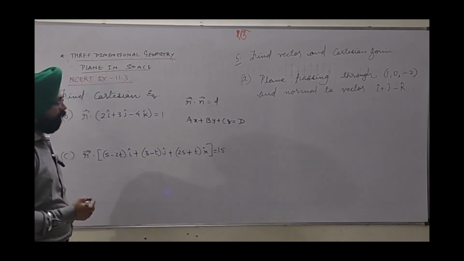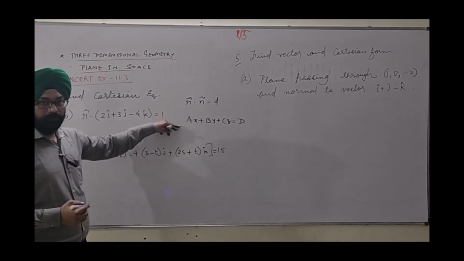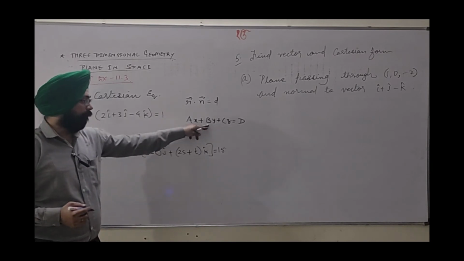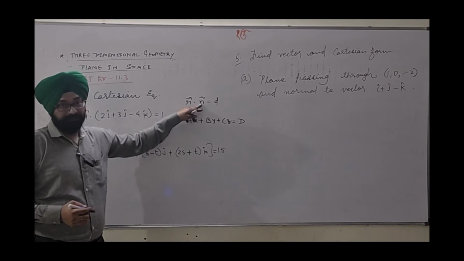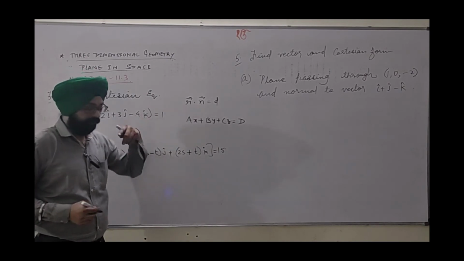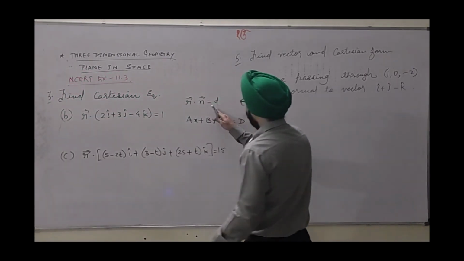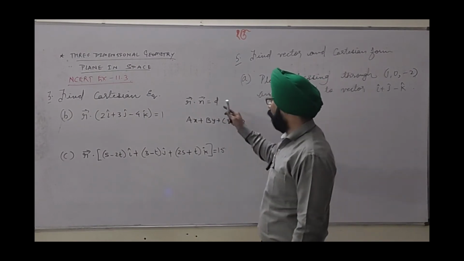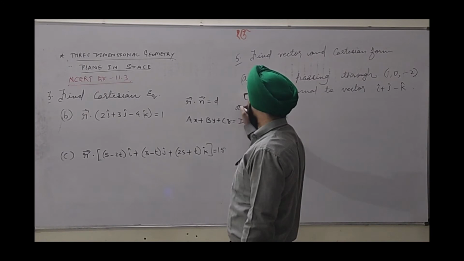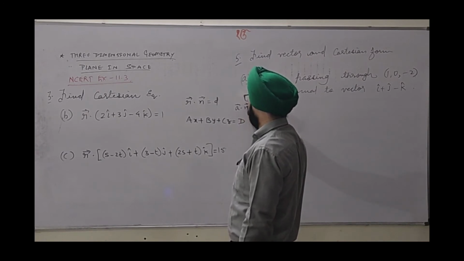Now here, when we compare these two, these a, b, c are always the direction ratios obtained from this n vector only. And this d, these constants actually, are always obtained from a dot n vector.